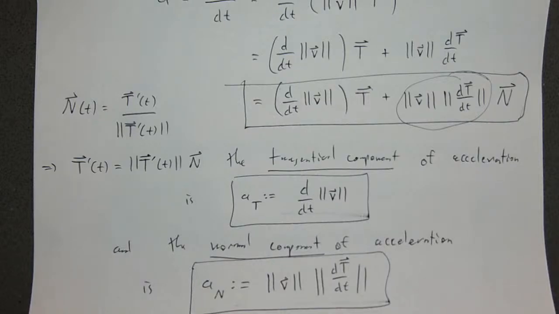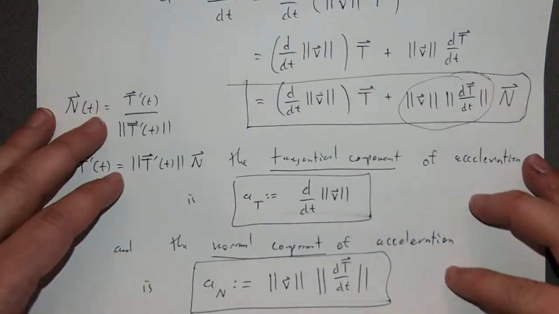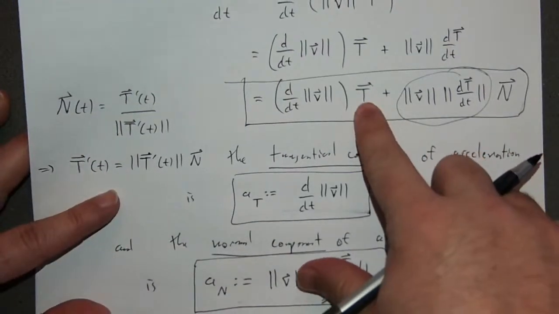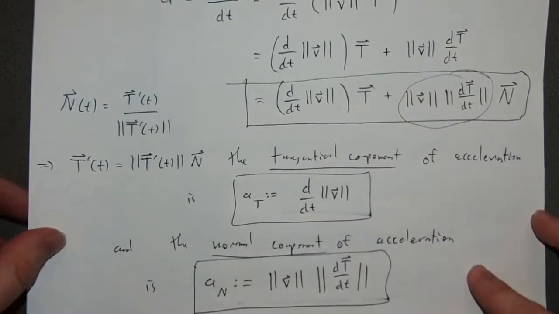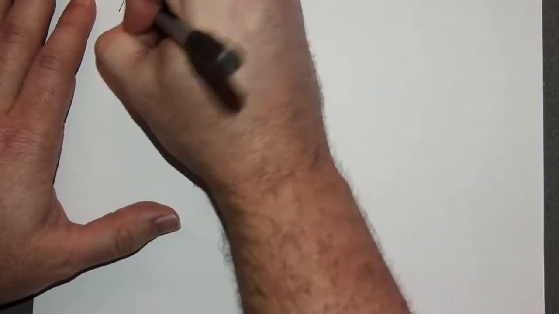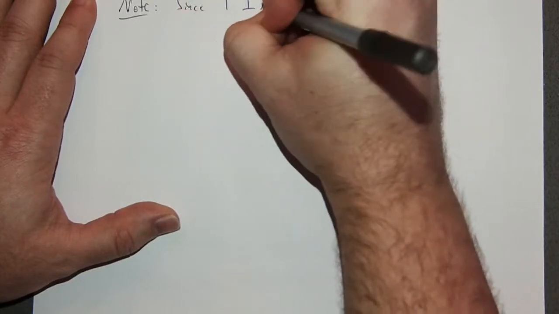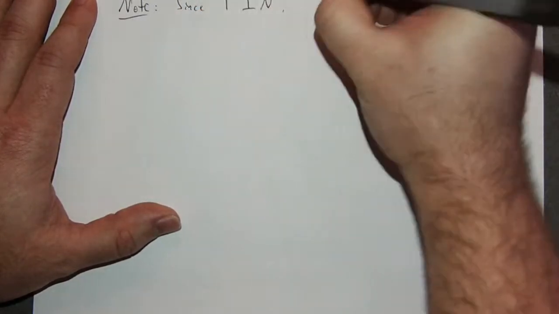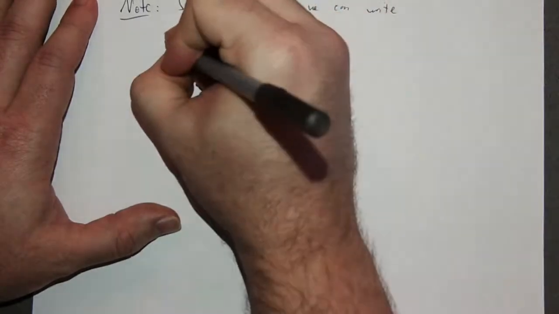We can write this in a form that you might find slightly more preferable. We can actually use the fact that T and N are orthogonal to write this in a form, like I said, that you might find better. So note, since T and N are perpendicular, we can write the following.